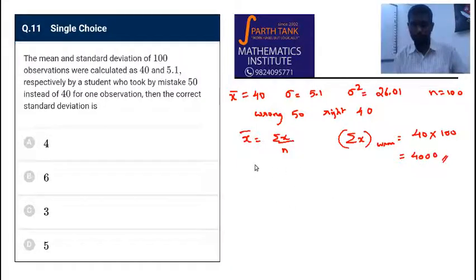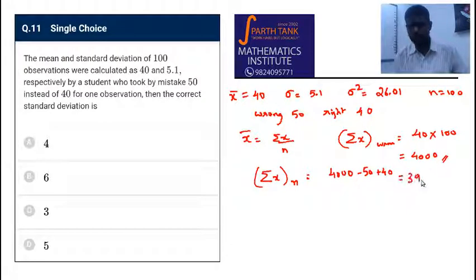Now if sigma x is 4000, remove the wrong and add the right. So sigma x correct is 4000 minus 50 plus 40, so this is 3990, and the new mean is 3990 by 100, which is 39.9.